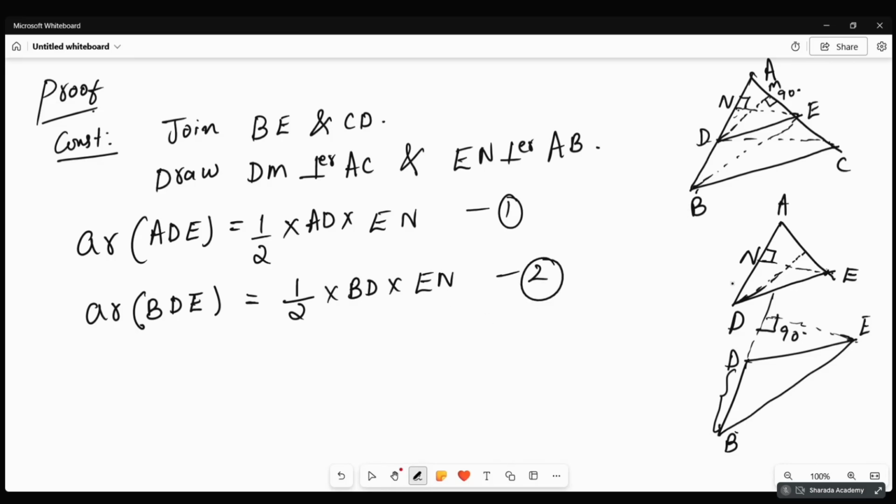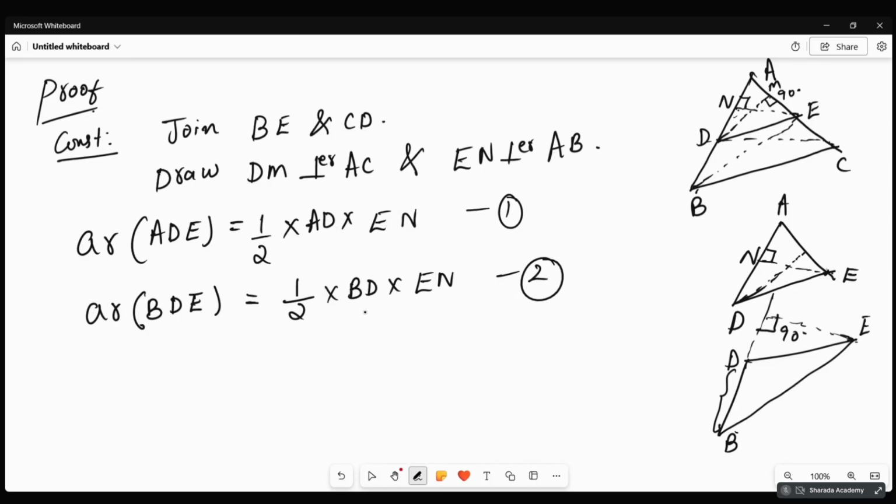Why are we doing this? I want AD by BD, so if I divide these, I will get AD by BD. I want to prove AD by BD is equal to AE by EC. So one triangle I took is ADE, and another triangle I took is BDE.